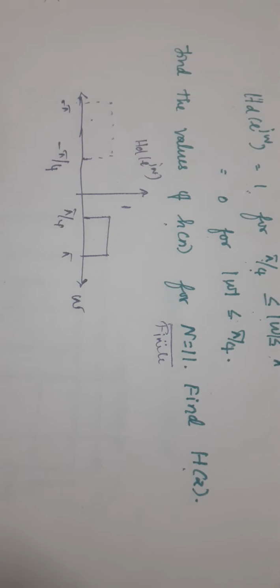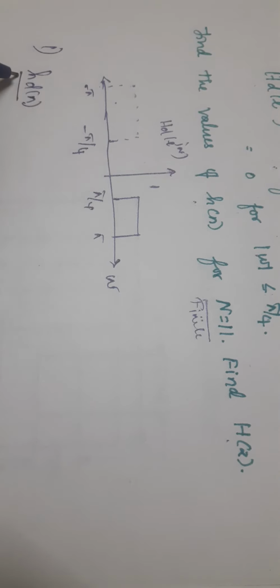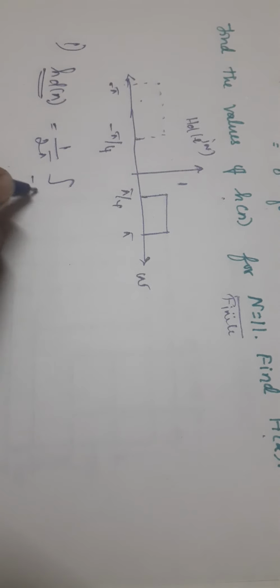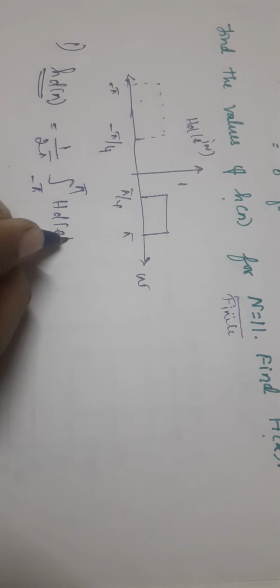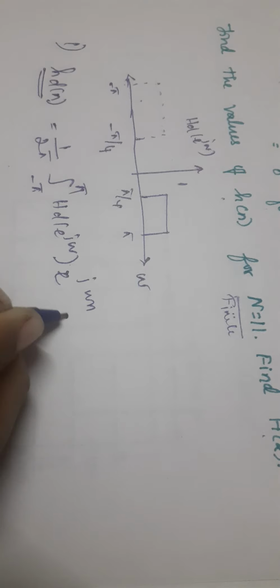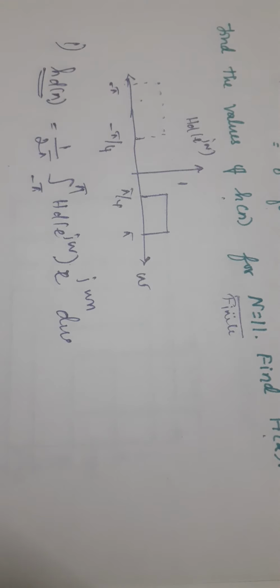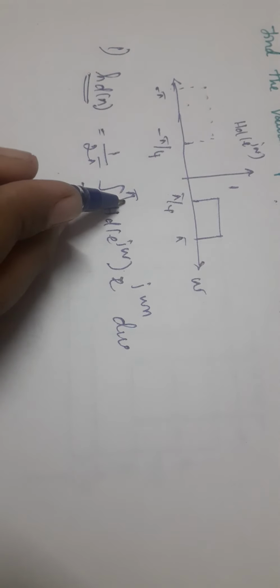Second, step number 1, you have to find the value of h_d(n), the desired filter's coefficient value, which is given by 1/(2π) times the integral from -π to π of H_d(e^{jω}) e^{jωn} dω. The limits vary from -π to π, so it is a finite one.